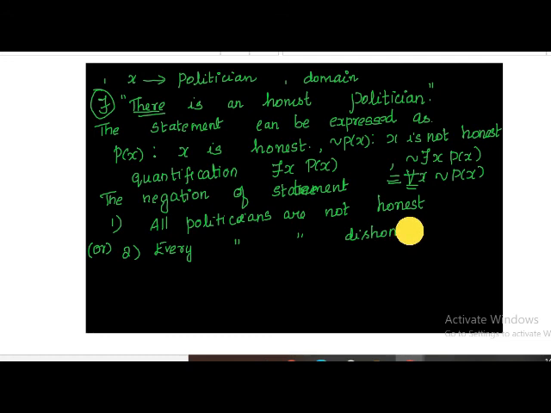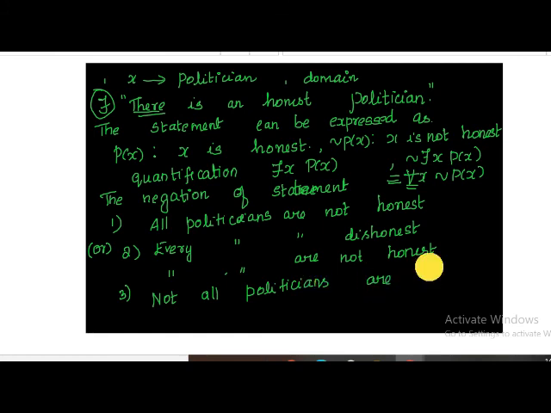Like this you can also write the statement. Now the third way you can say is: not all politicians are honest. In many ways you can express this. I have given you two or three ways.